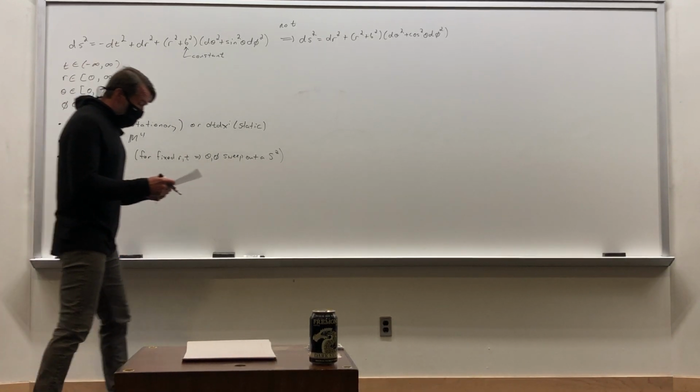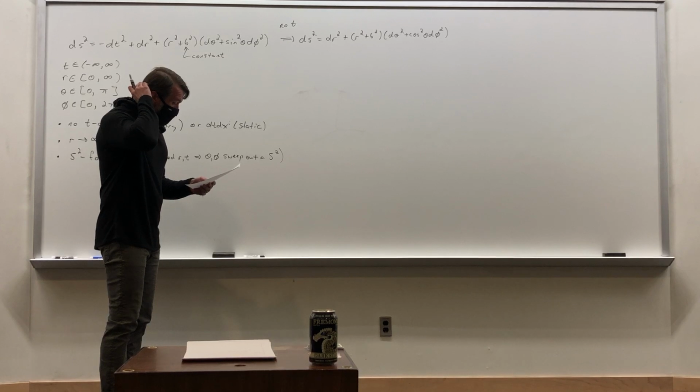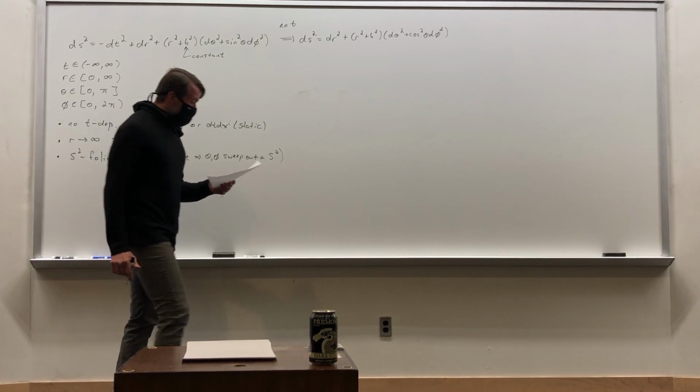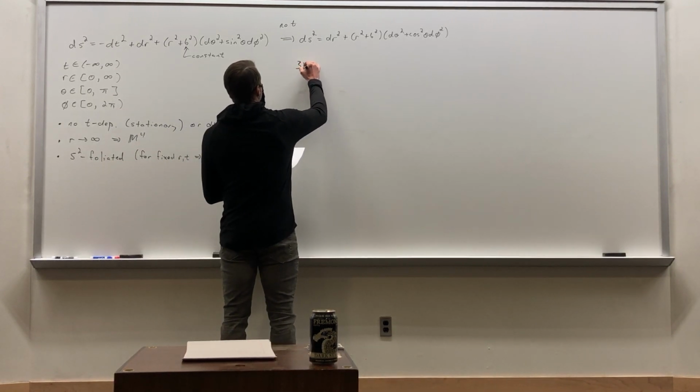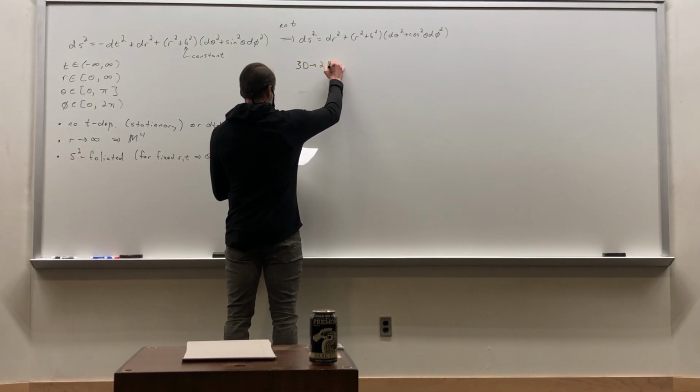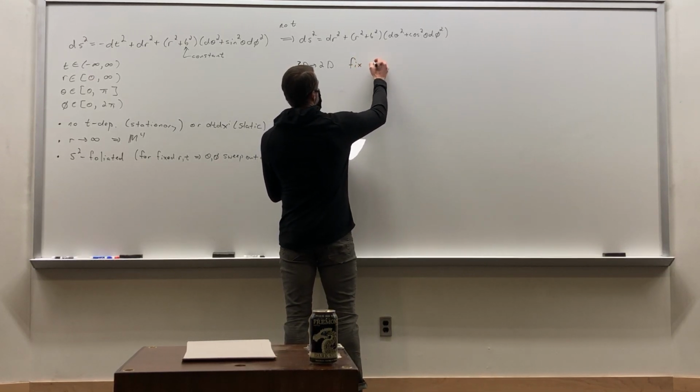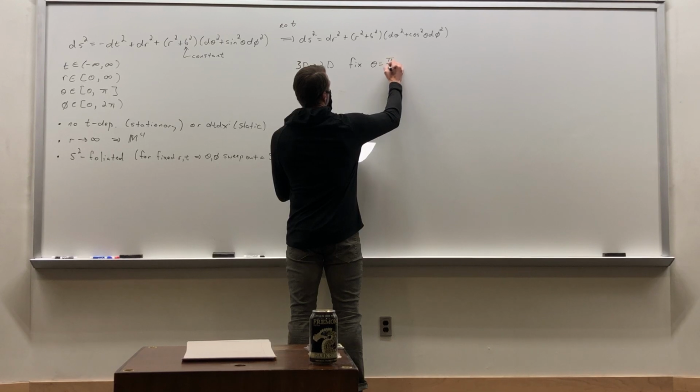And in order to do this, we are going to take the spheres. So what we're going to do is we're going to fix theta to be pi over 2.